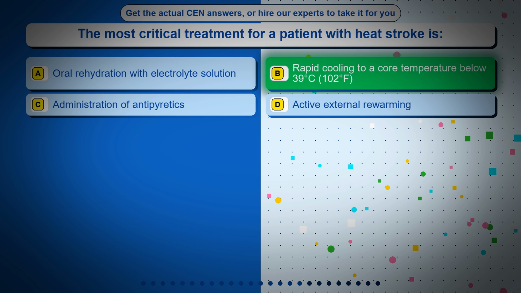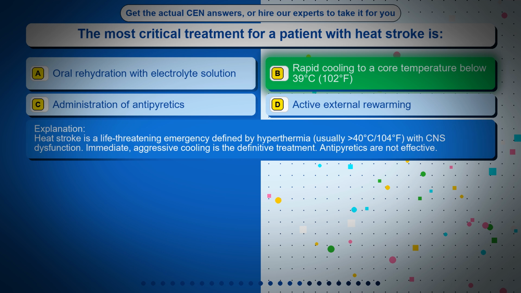The correct answer is option B. Heat stroke is a life-threatening emergency defined by hyperthermia, usually 40 degrees C/104 degrees F, with CNS dysfunction.